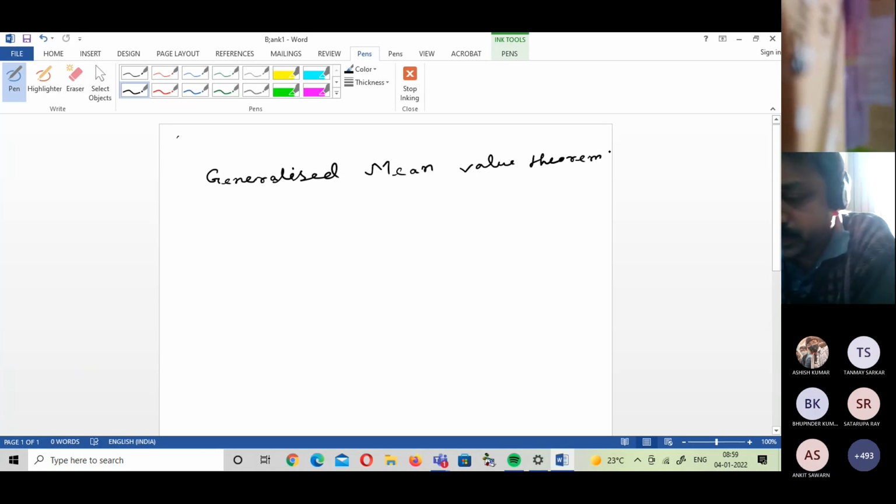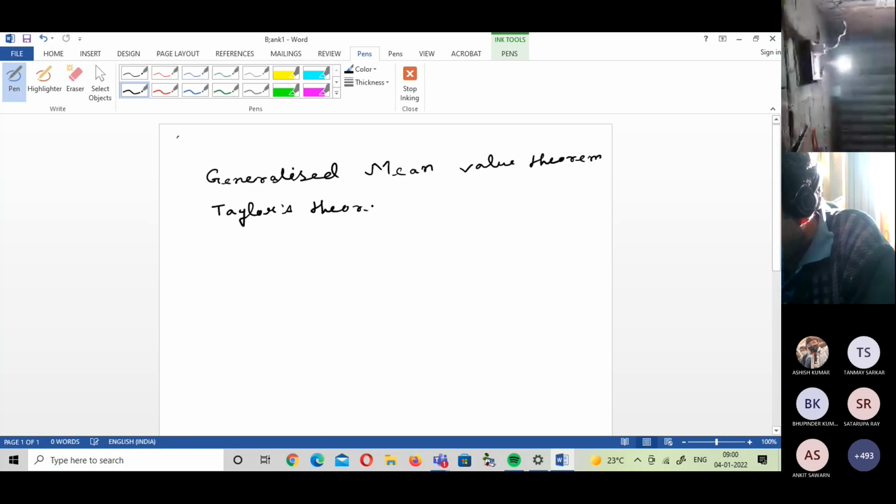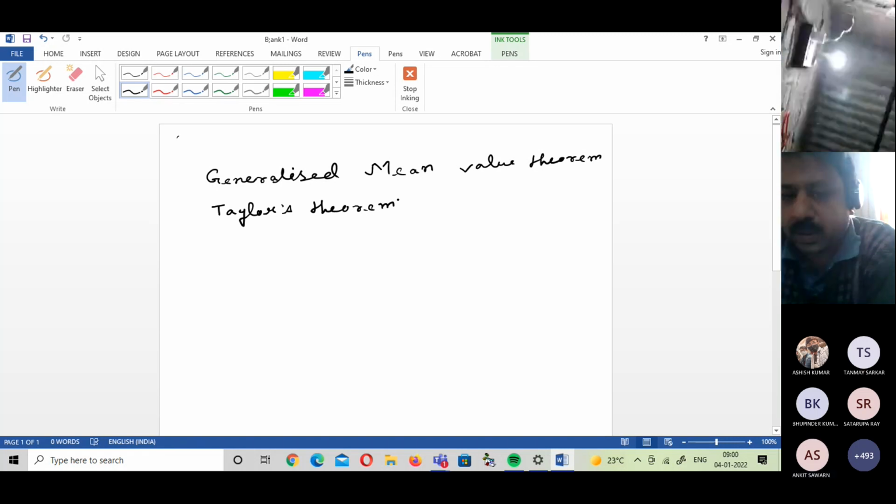Generalized mean value theorem is sometimes known as Taylor's theorem.